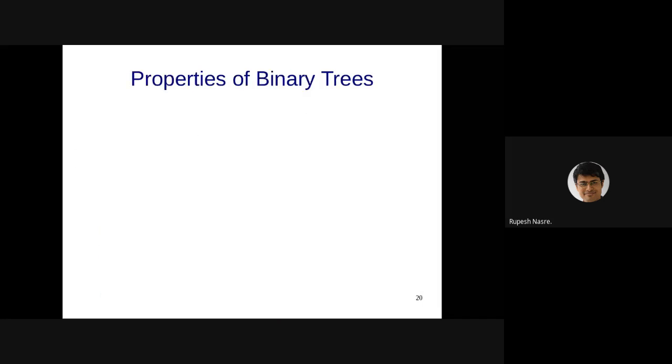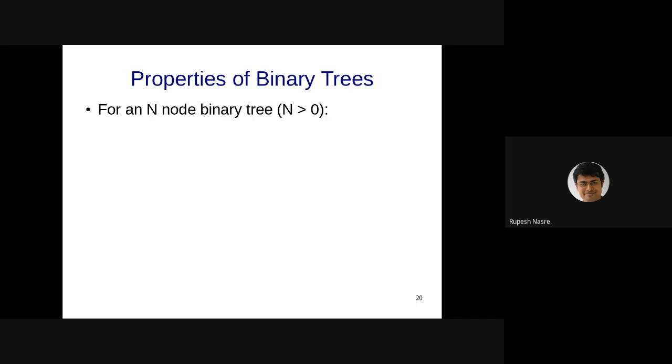There are some properties which are specific to binary trees which we can think about in terms of, let's say, the number of pointers or number of internal nodes or number of leaves, right? So now imagine only binary trees, right? So each node has maximum 2 children, right?